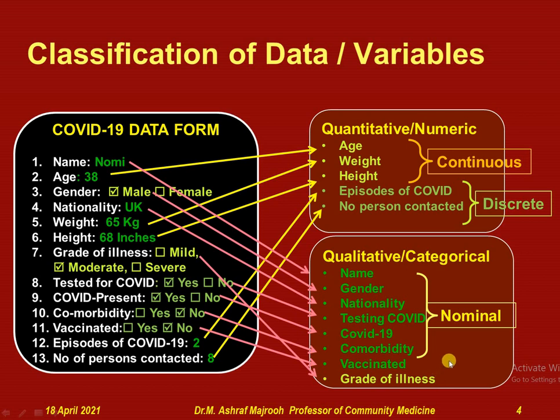On the other hand, the variables which can be categorized in order are the ordinal variables, and the grade of illness is the ordinal variable. So this is the classification and sub-classification of variables. This is important for data analysis and processing.